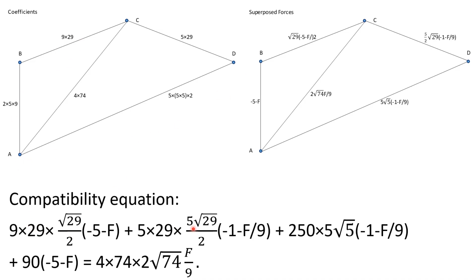You have four terms here on the perimeter, and then equate that to the product on the diagonal.